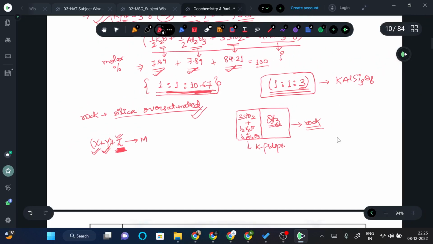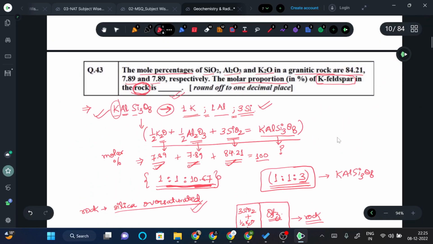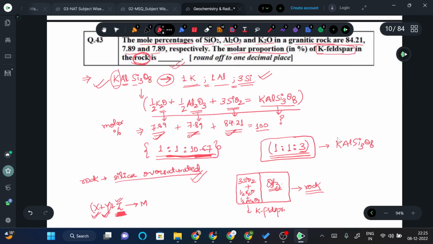So now you know that quartz is more than what is required. Quartz is there in greater proportions over here. Up to here, is everything clear? Please let me know.